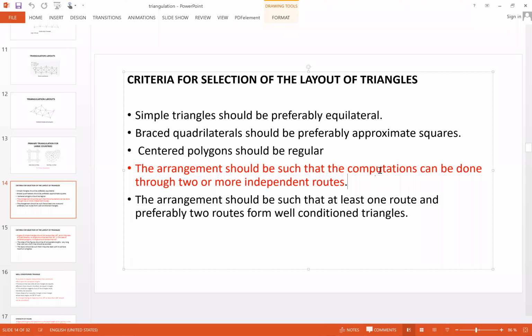Remember this point, that you have to divide your area in such a way that you can do the calculation through two different routes, right? Keep this in mind, and when we discuss that example, this will be further clear. And our arrangement should be that our route consists of well conditioned triangles, okay?